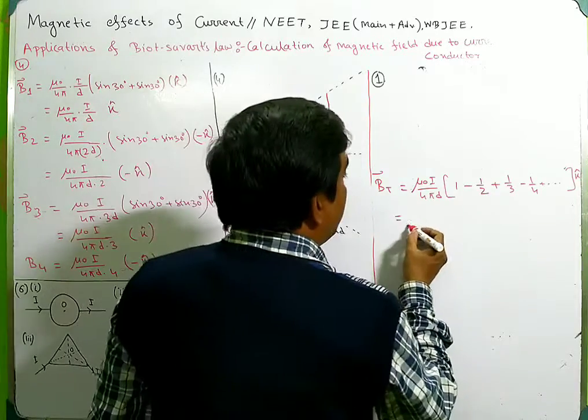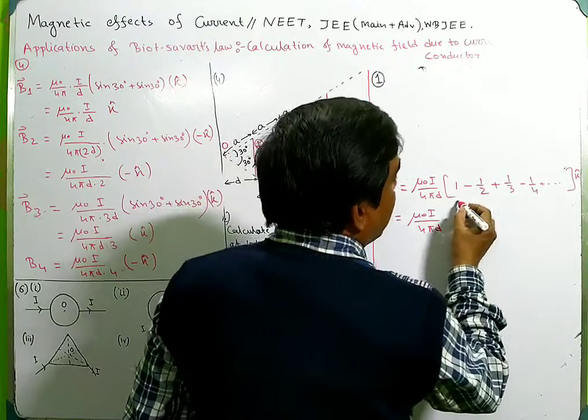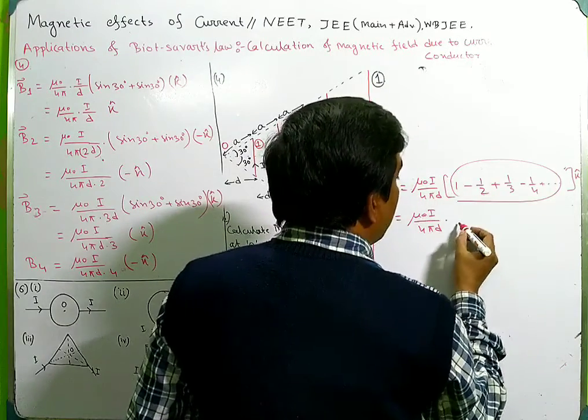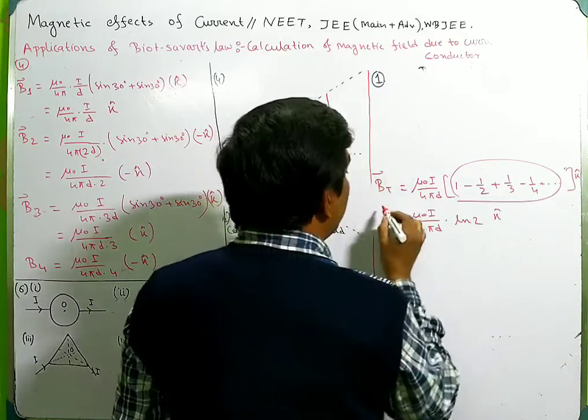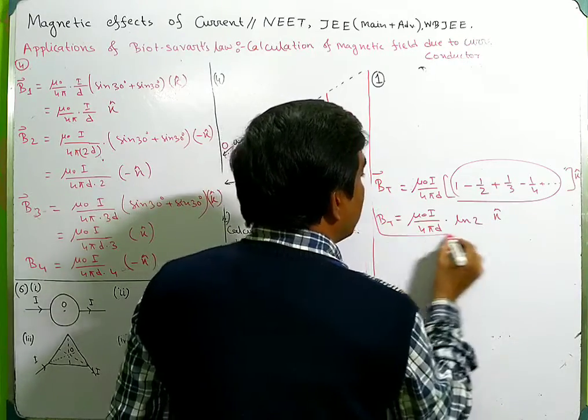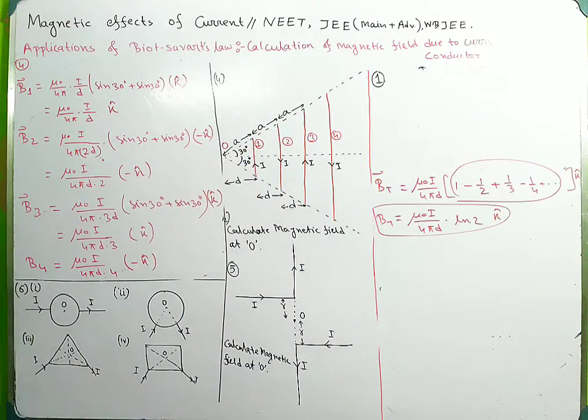So it can be written as mu 0 I by 4 pi d ln 2 k cap. This is the magnetic field at point O due to this arrangement.